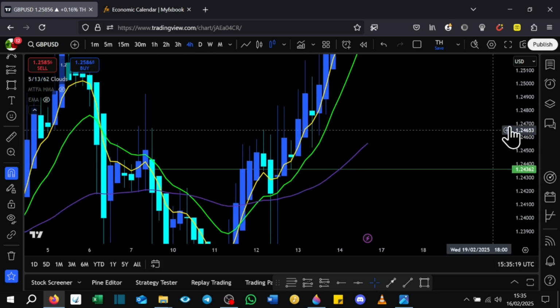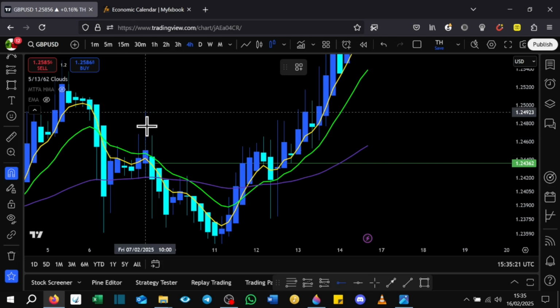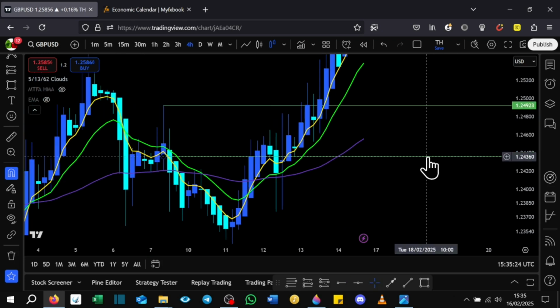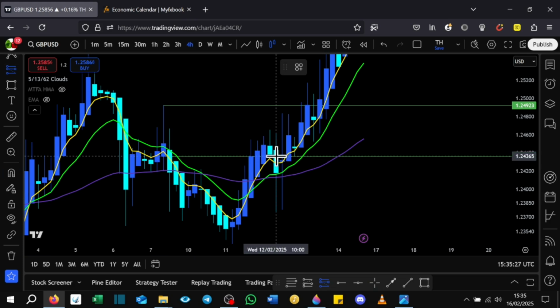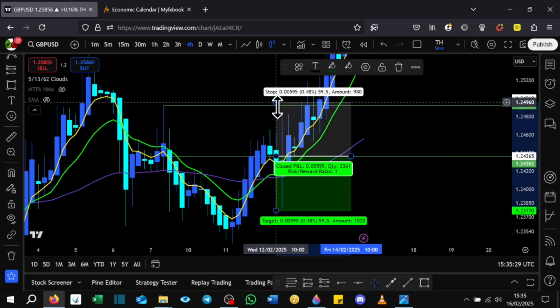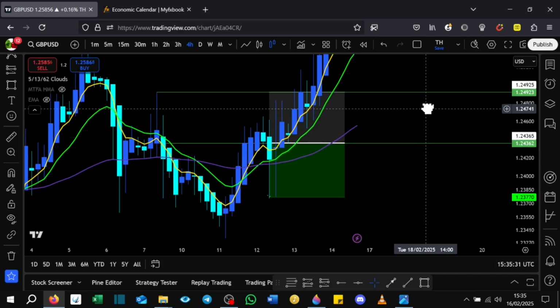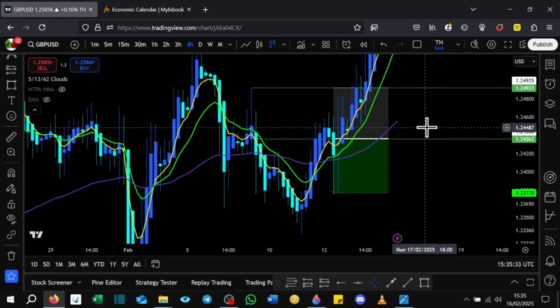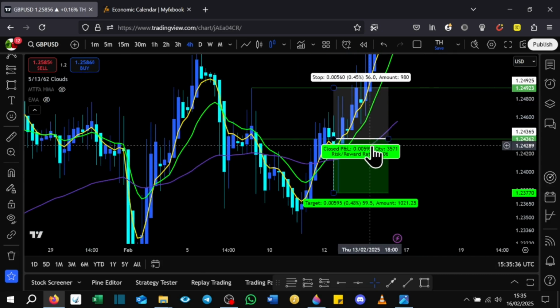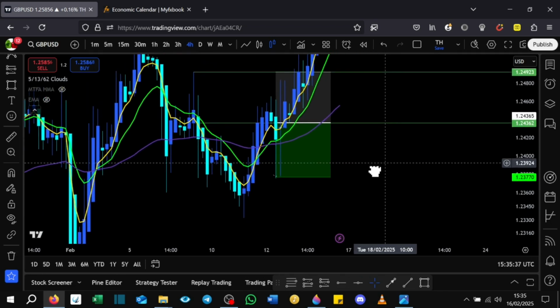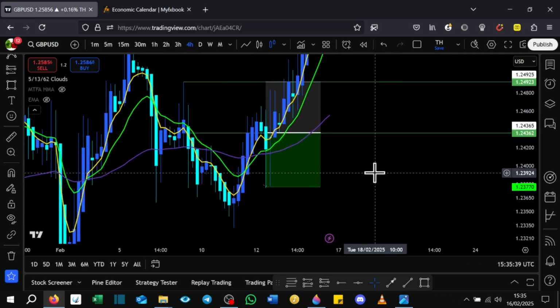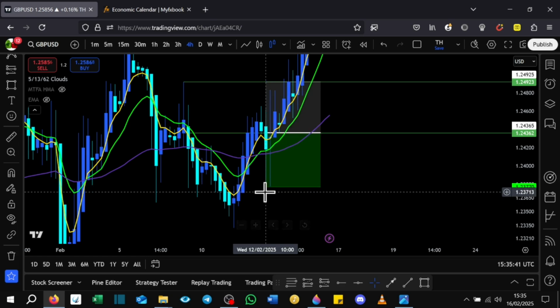So, yeah, I placed a sell limit on this. I mean, it's a bit ambitious because we are above the 62 EMA, and I was just testing things out this week, if I'm being really honest with you.